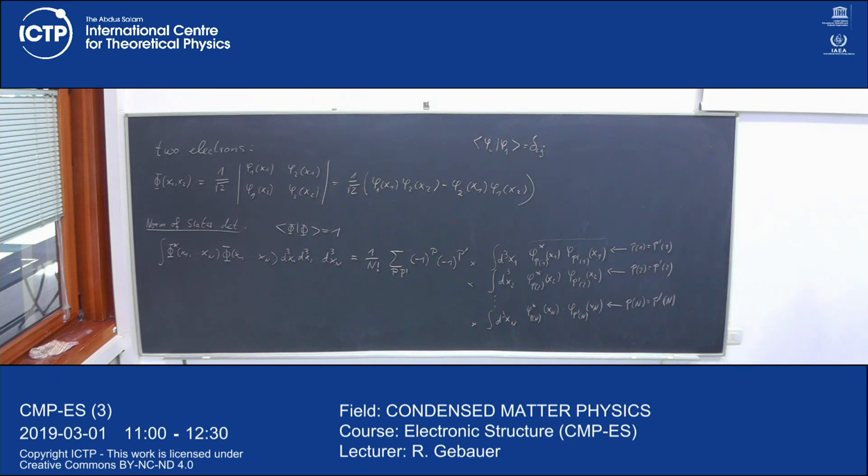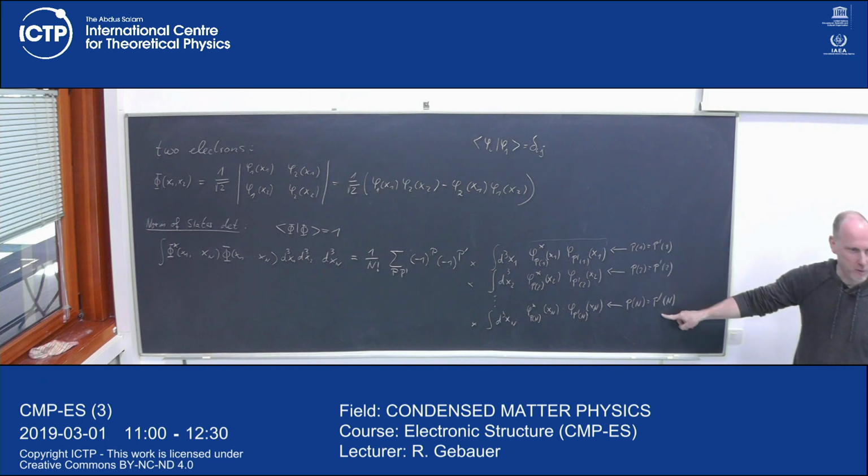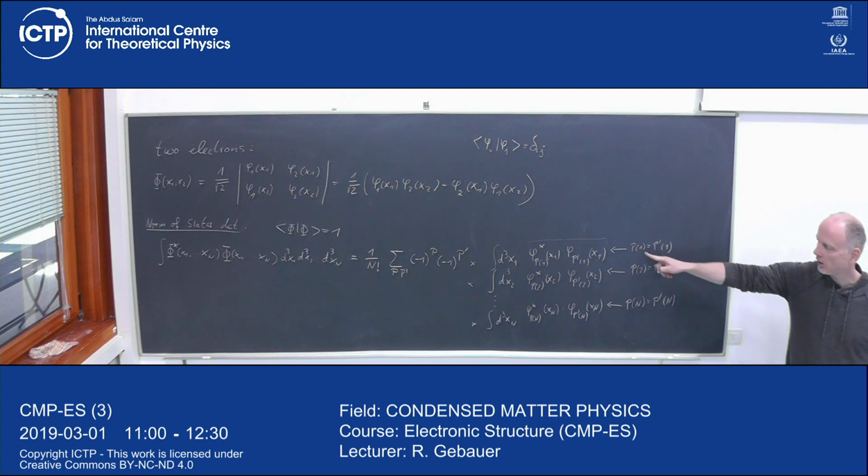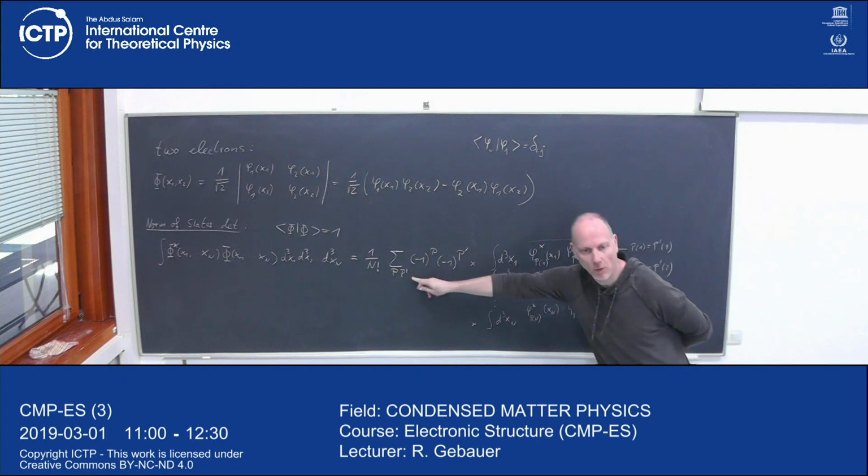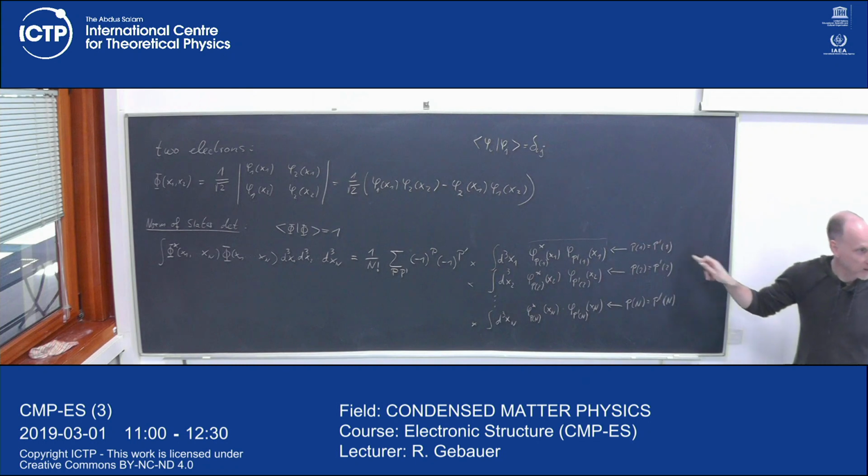So what does this mean? This means that not everything survives, only certain terms survive. Which in particular? What does this tell us about the two permutations? We have two permutations, P and P prime. We sum over all possibilities. They must be exactly the same. Exactly.